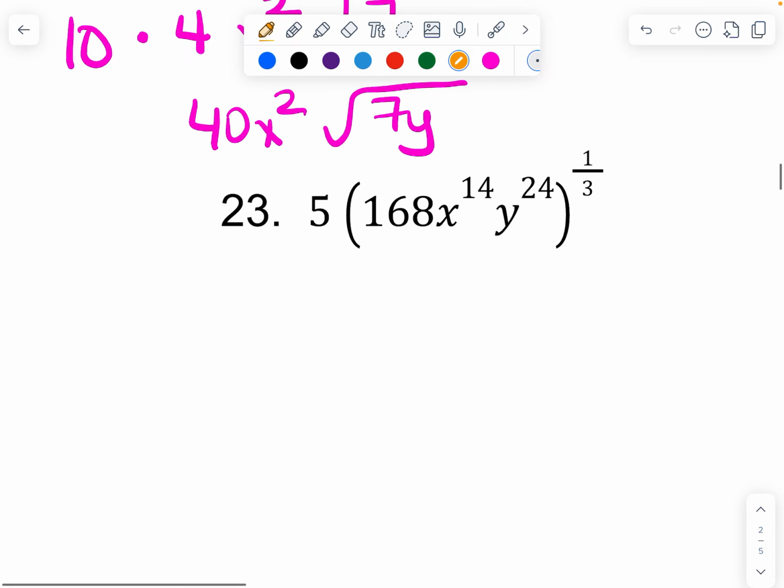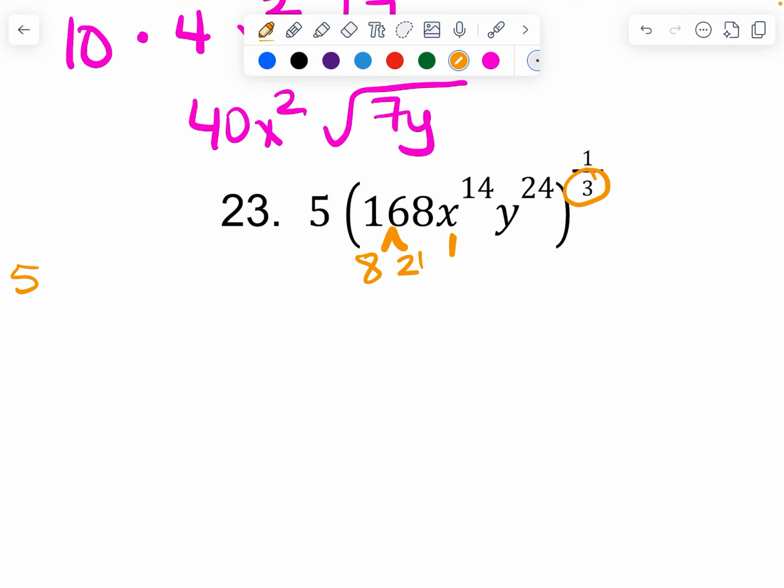Okay, so this one. So, I don't know what this is. So, let's see. 8 is a perfect cube, because we want cubes. 8 goes in that 21 times? Yes.